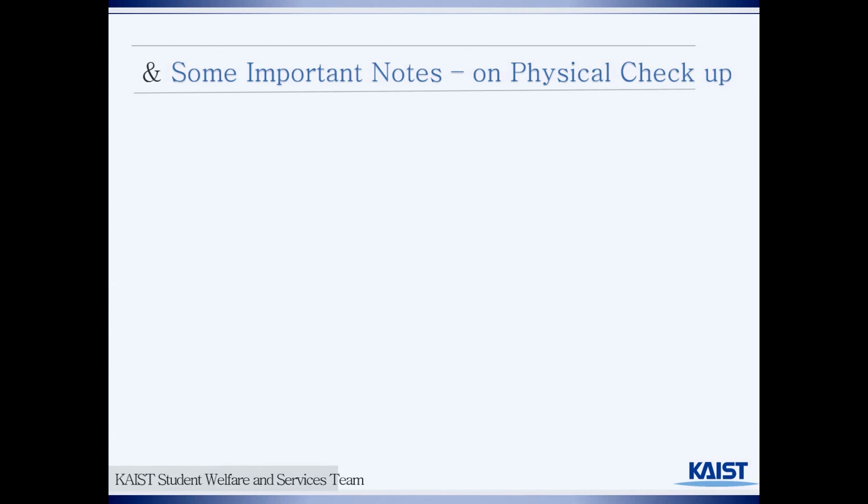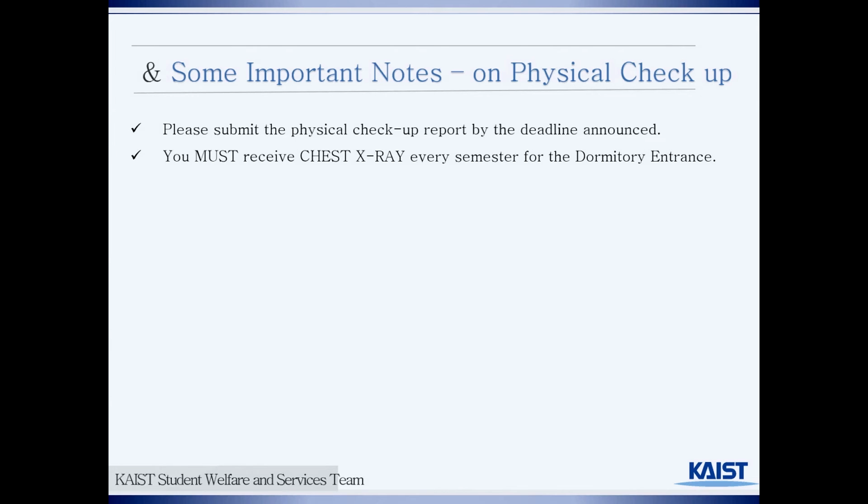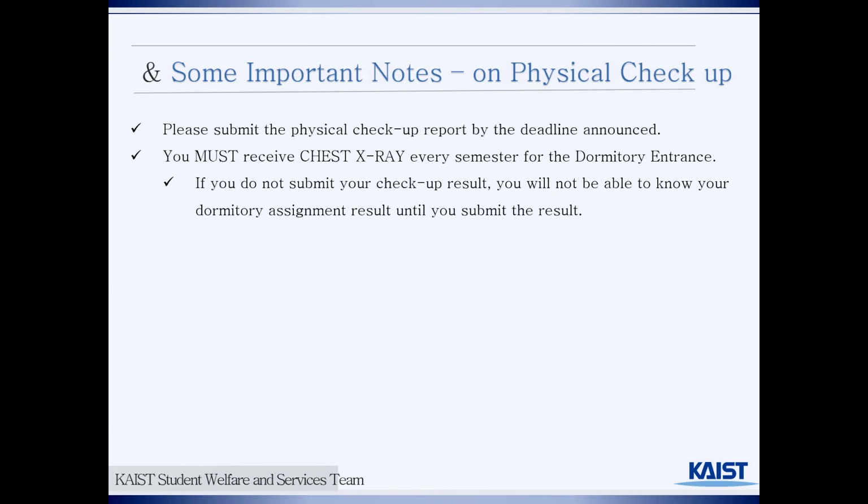More important notes. Physical checkups. You have to submit a physical checkup report by the deadline announced on the website. You must receive a chest x-ray every semester for the dormitory entrance. If you do not submit your checkup results, you will not be able to check your dormitory assignment until you submit the results.